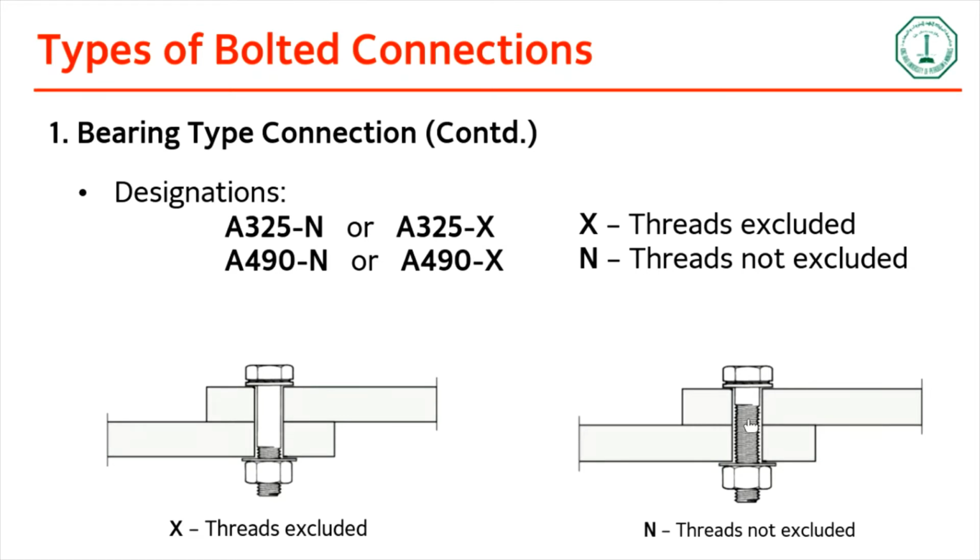And if you take a closer look, we see that the strength of N type will be slightly less than the strength of the X type, because some cross section is shaved off because of these threads. So this one usually has a lesser shear capacity compared to this one because of the lesser cross section.